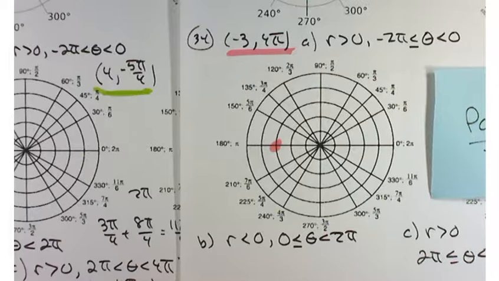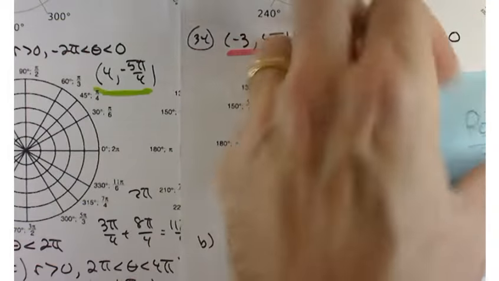So there's one other choice. Not for B, because B asks you for an angle between 0 and 2 pi. So it has to be positive or 0.